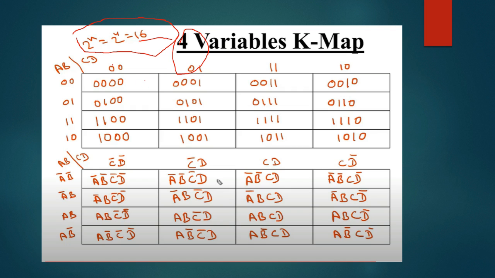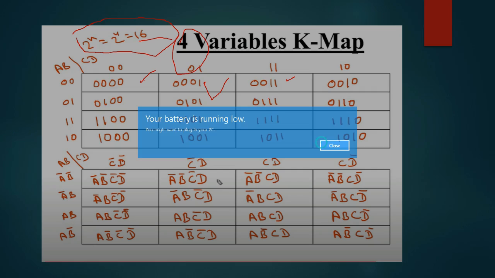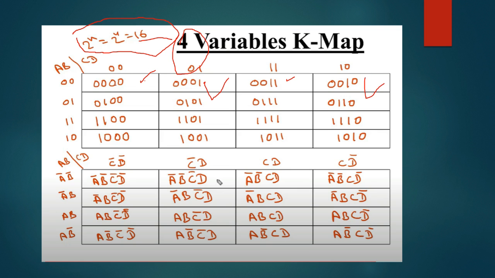As you can see, I have drawn 16 cells: cell number 1, 2, 3, 4, 5, 6, 7, 8, 9, 10, 11, 12, 13, 14, 15 to be exact, and this is 16. So we have built 16 cells.